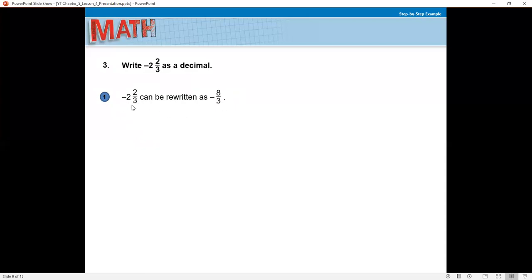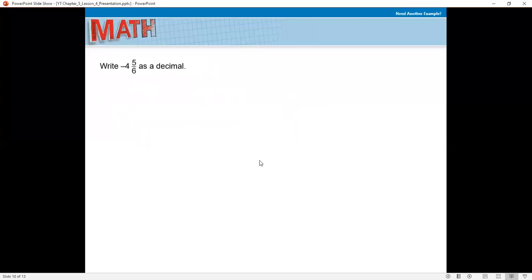These two are exactly the same size. Now we do 8 divided by 3 to get our decimal. The mixed number -2 and 2/3 can be written as -2.6 with a bar over the 6, telling the reader that that 6 repeats forever.